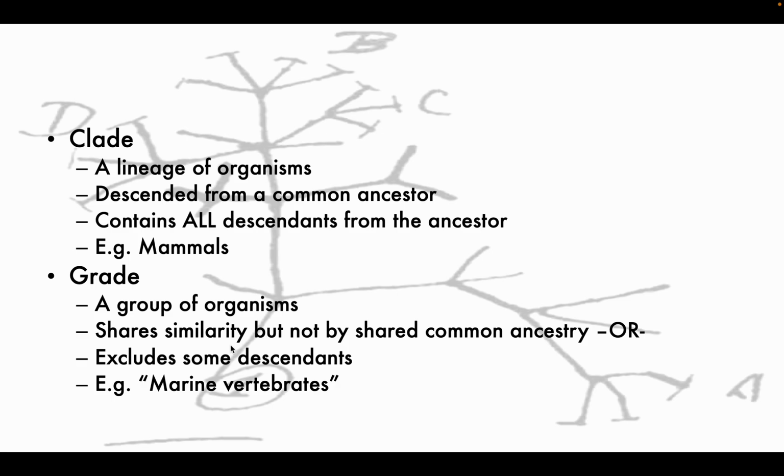By way of contrast, a grade is a group of organisms that share some similarity in structure, function, or habitat, but that similarity is not because of shared common ancestry. Or it may be the case that the common ancestor has a characteristic, but not all descendants retain that characteristic. An example of a grade would be marine vertebrates.